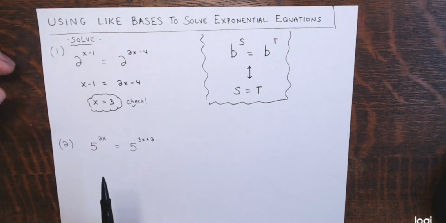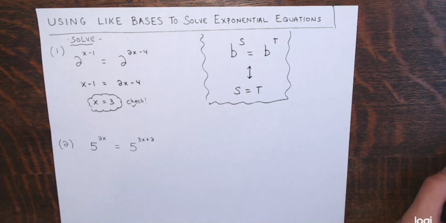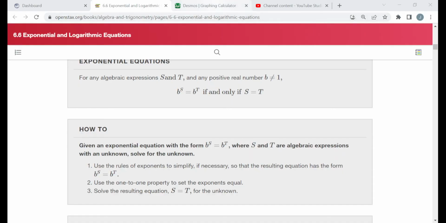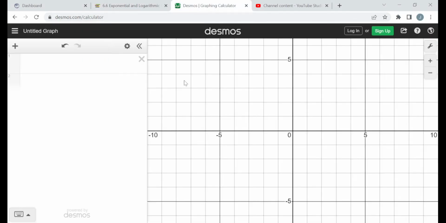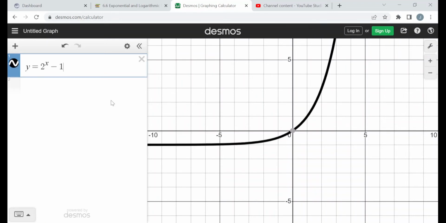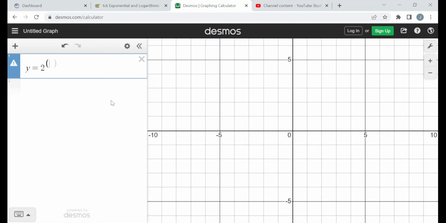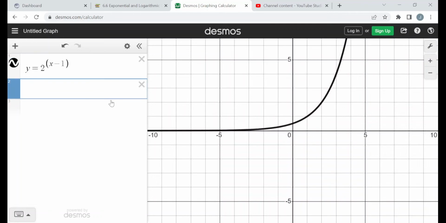Now another way you could verify or maybe triple check your work is with a graph of each of these expressions. I'm going to go to that free online graphing calculator at desmos.com, and in one line I'm going to graph the left side of the equation, y equals 2 raised to the x minus 1 power. Oops, it was the x minus 1 all in the exponent. That expression there.